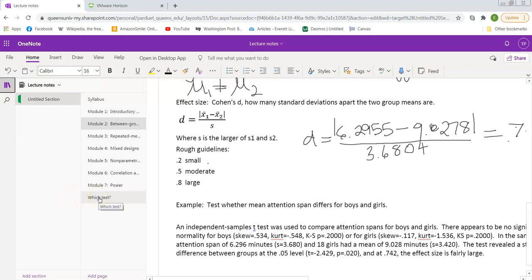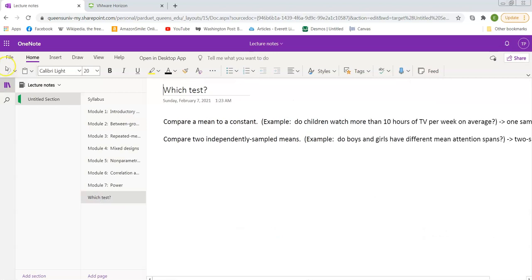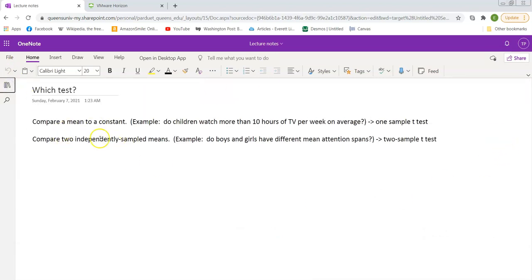So I would recommend creating a document where you kind of keep a summary so that you know, if I want to compare a mean to a constant, that's going to be a one sample t-test. If I want to compare two group means to each other, that's a two sample t-test. And that way you know where in your notes to look. Because that can be the hardest part, is figuring out where to start.